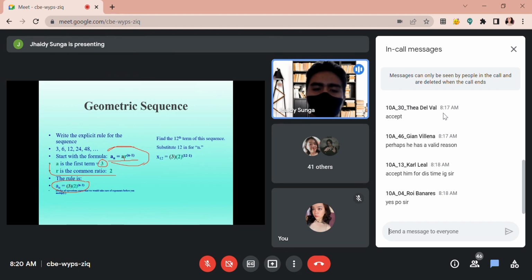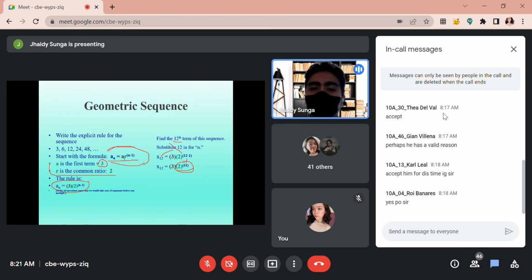We now have the value of 12, which is 12 here, 12 there. After substituting that one, we now have the value of 11, because we subtract the 1 from 12. So now we have 11. What we are going to do is to find this answer.